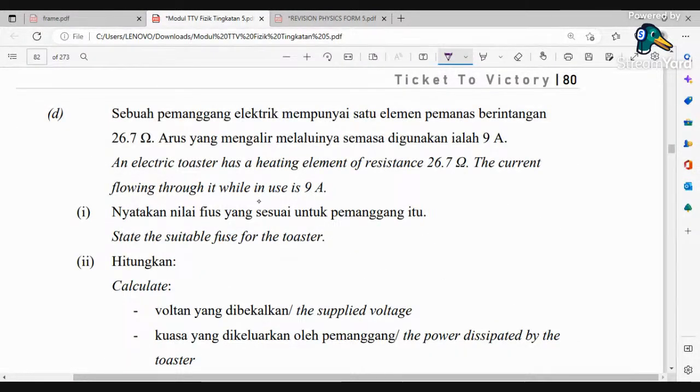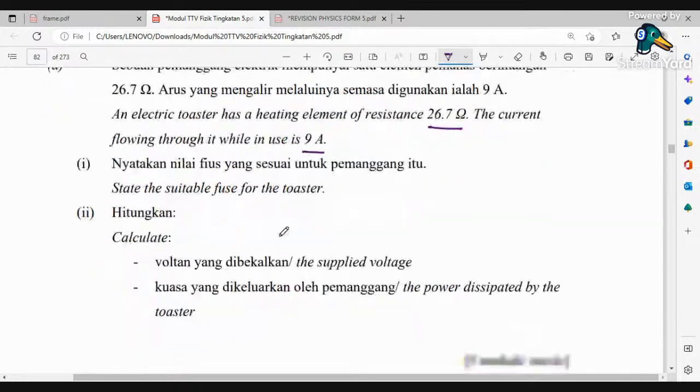Okay, calculation, 5 marks. An electric toaster has a heating element of resistance 26.7 ohm. The current flowing while in use is 9 ampere. Okay, state suitable fuse for the toaster. To know which one is suitable, you must calculate the current.